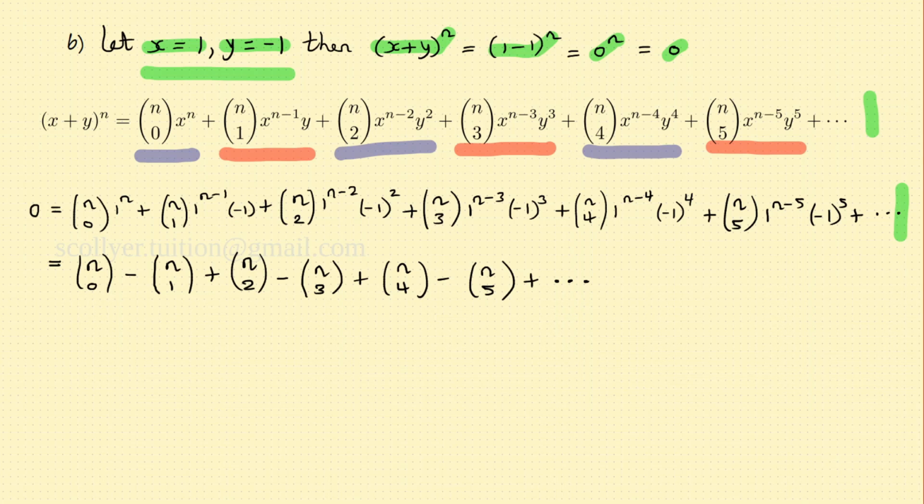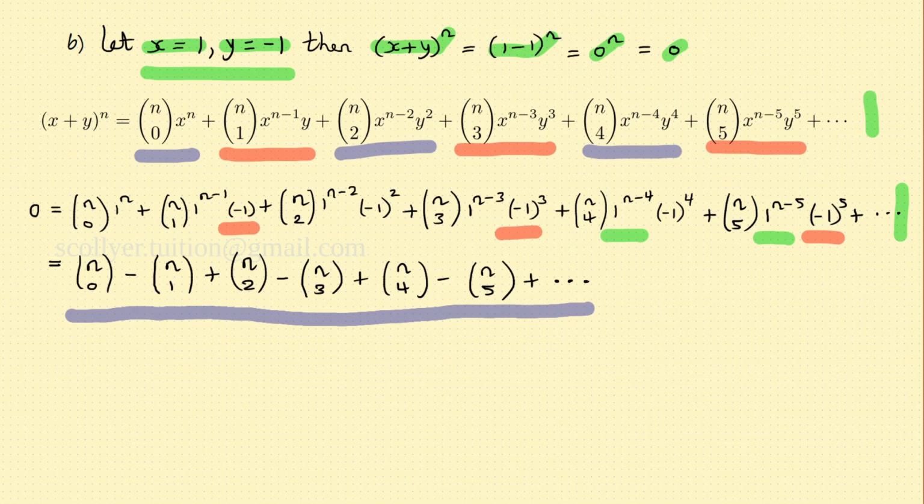On substituting these values of x and y into this expression, we obtain this, and we see that the terms with odd powers of y will produce minus 1, because minus 1 to an odd power is minus 1. The x terms all produce 1. And consequently, the whole expression simplifies to this, which has alternating positive and negative terms, each of which only contains a binomial coefficient.